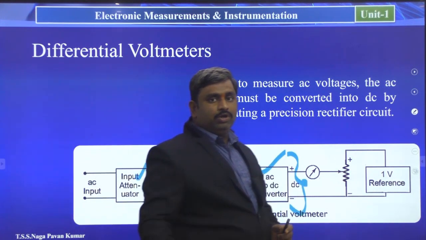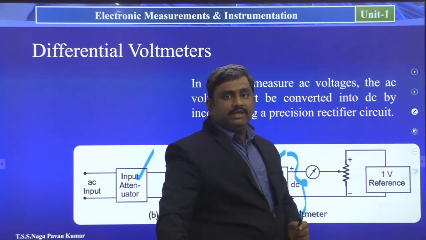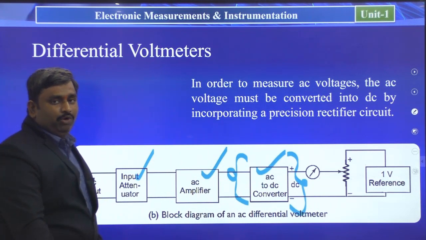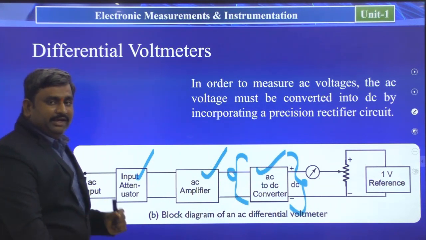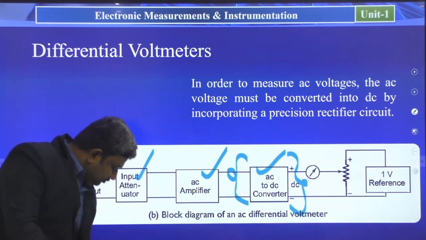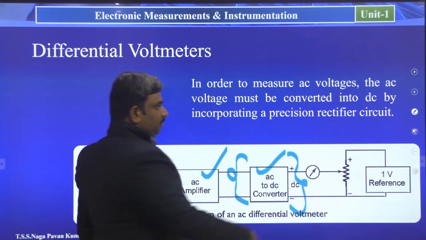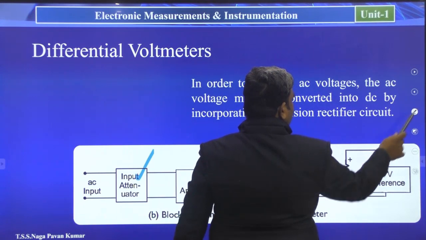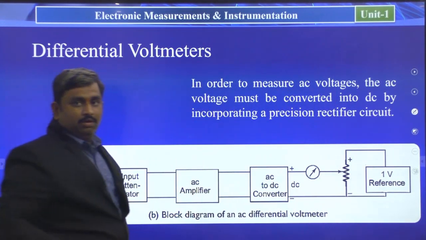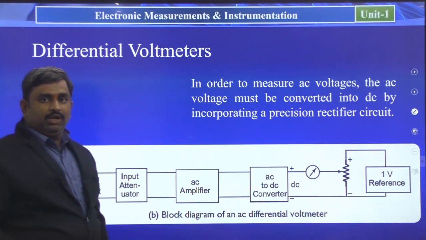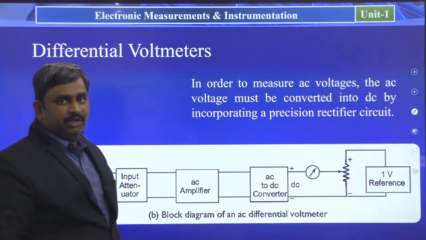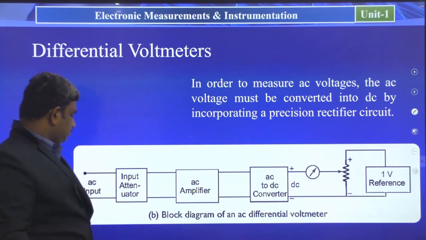This is the AC differential voltmeter, not only an AC voltmeter. See the diagram carefully. It is a very simple operation.